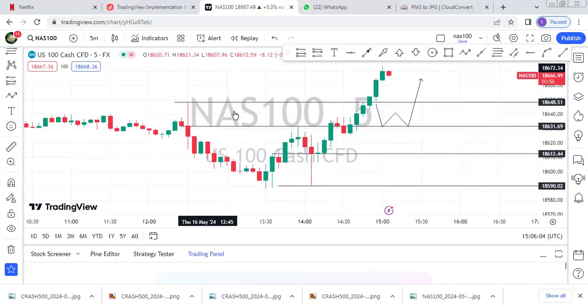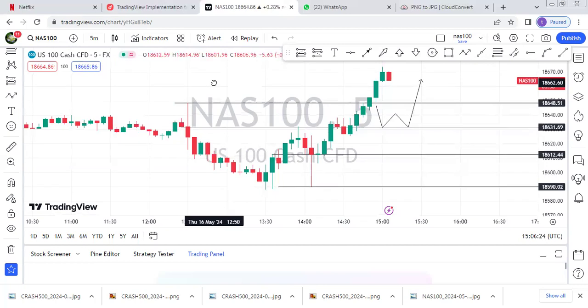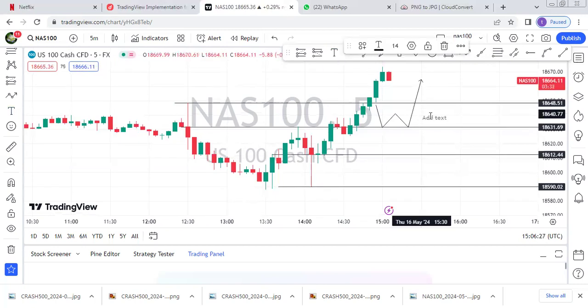All right, so what do we have here? We have another structure that is created before the sellers push the market from that zone to this zone, right? So since we had that candle, which gave us the high, closing at that level, we regard this space here as retracement space.